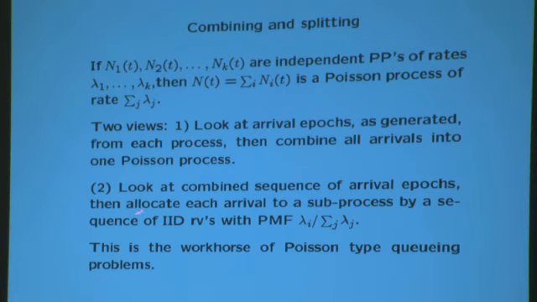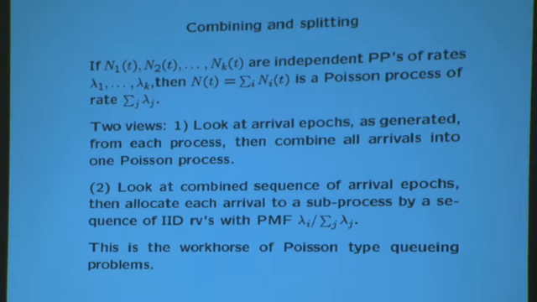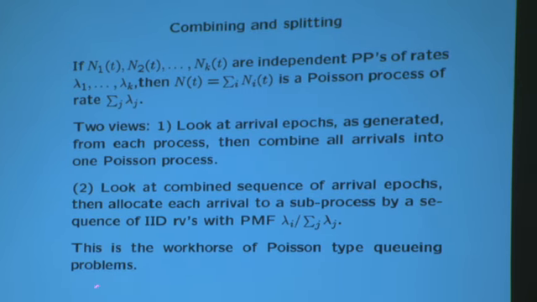The other way to look at it, and going back and forth between these two views, is the way you solve problems. You look at the combined sequence of arrival epochs first, and then for each arrival that comes in, you think of an IID random variable independent of all the other random variables, which decides for each arrival which of the sub-processes it goes to.